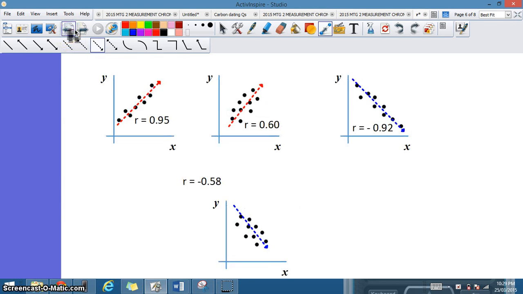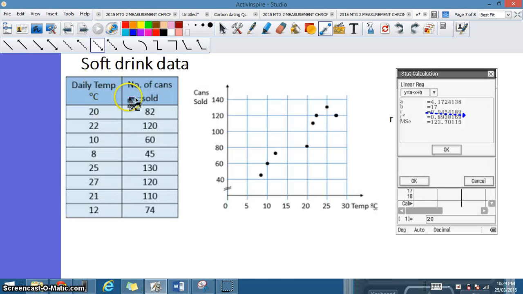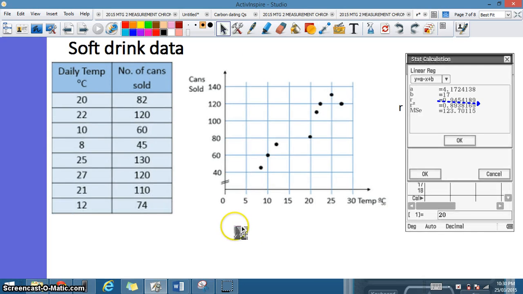Okay, you can pause at this stage, go back and put the variables in for X and Y. We've got the two variables in question, daily temperature and number of cans sold. See if you can get them the right way round. You can write that down, and then down here I'll reveal the answer.